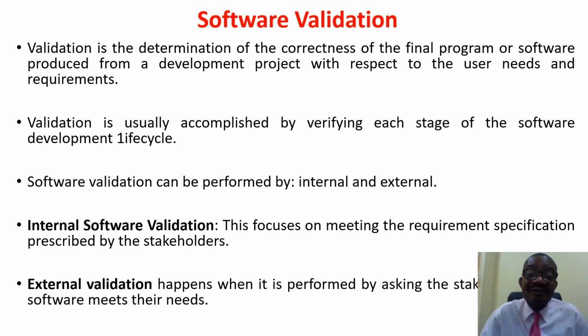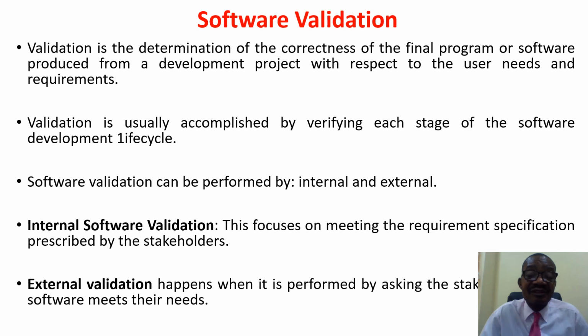Software validation can be performed by internal and external validators. In internal software validation, this focuses on meeting the requirement specification prescribed by the stakeholders. So the requirements specification that is prescribed by the stakeholders has to be met.